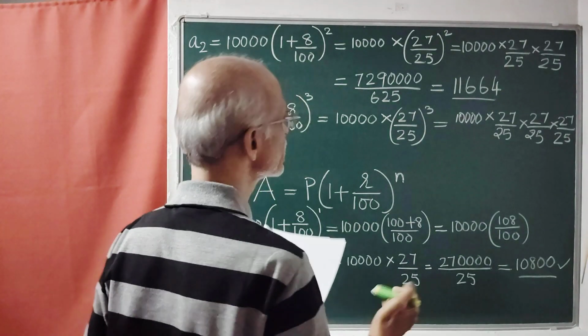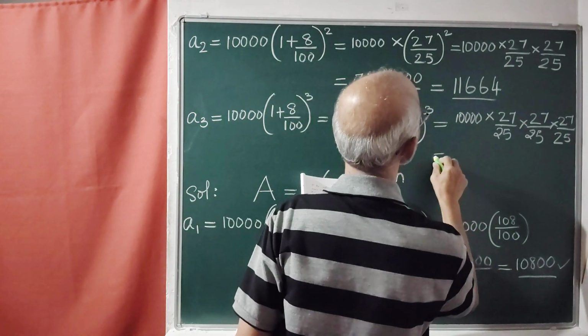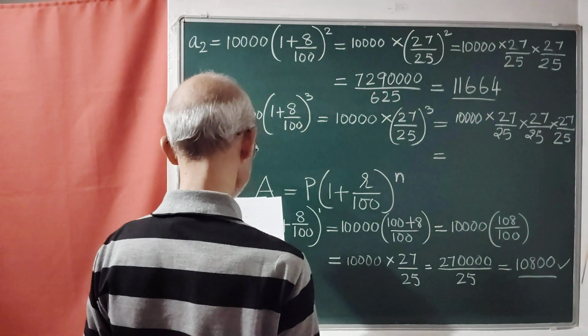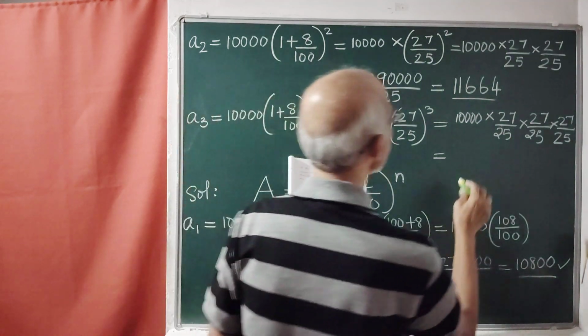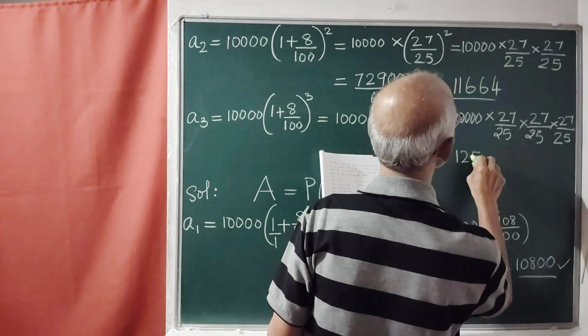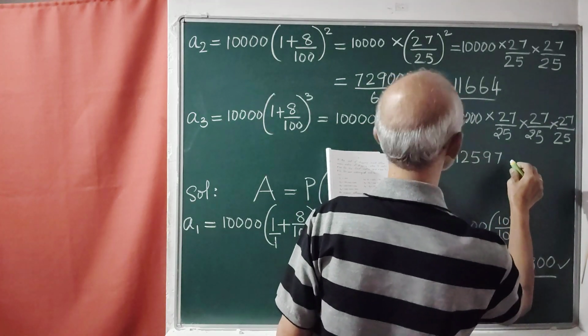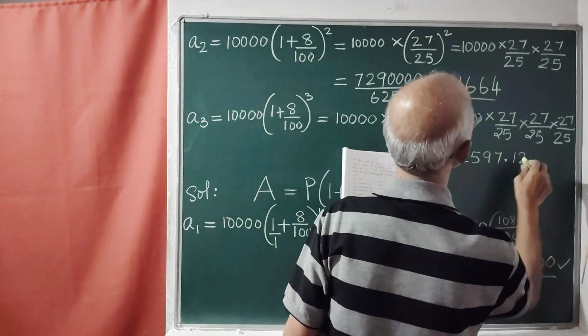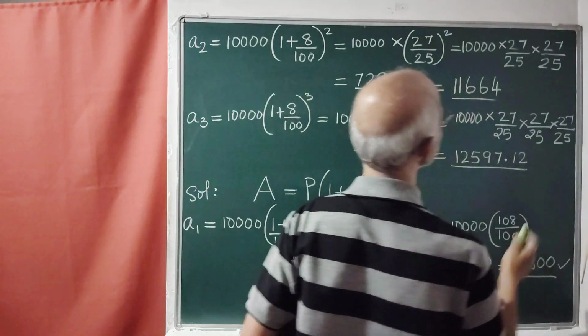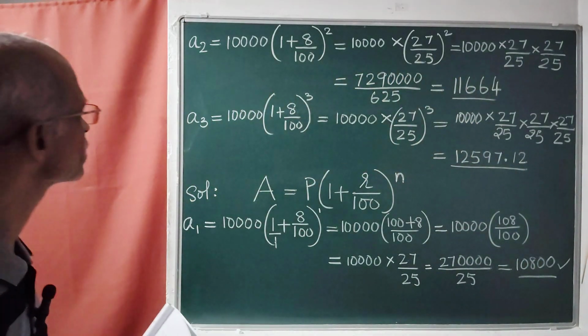If we solve it, we get 12597.12. This is the amount left in the account after 3 years.